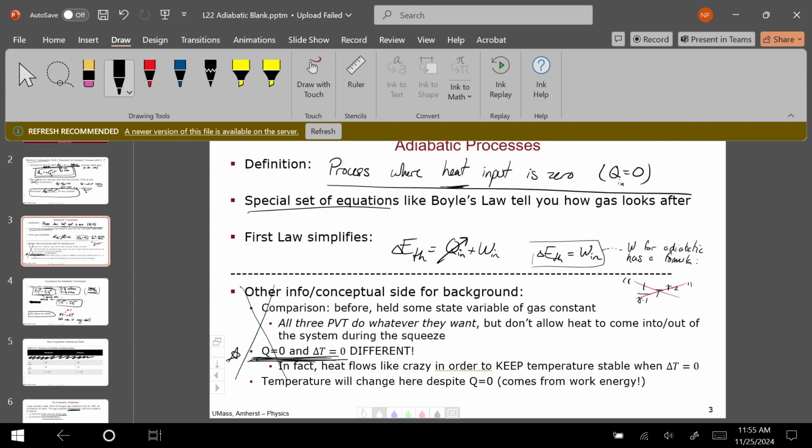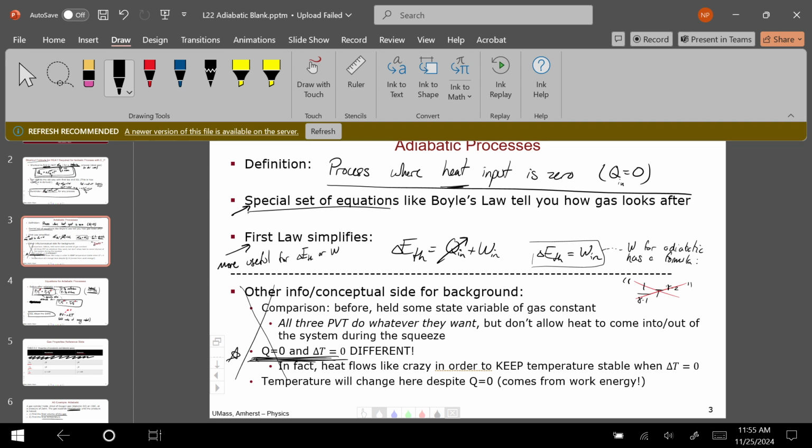Oh, here. So writing out this first law, it's only really useful, or it's more useful for problems where you were explicitly asked what is delta E thermal, or work.